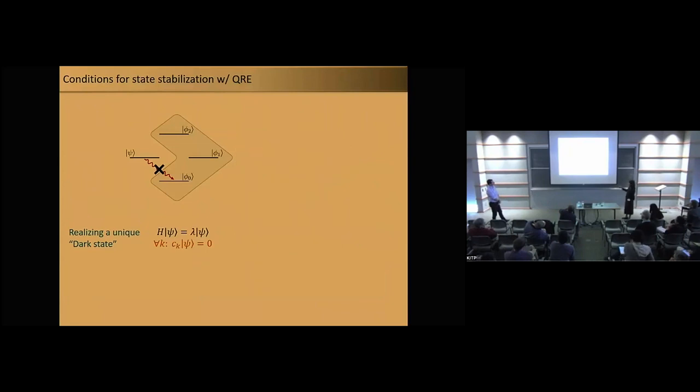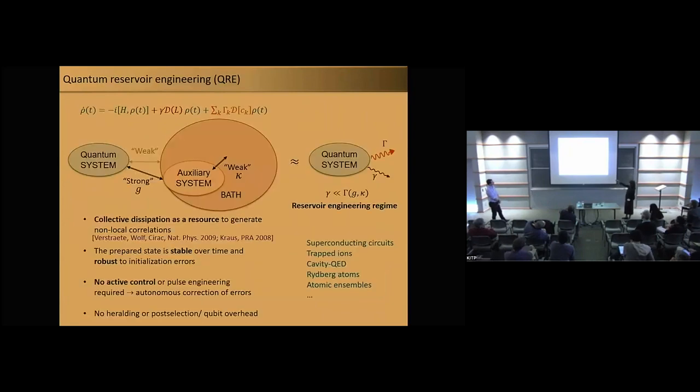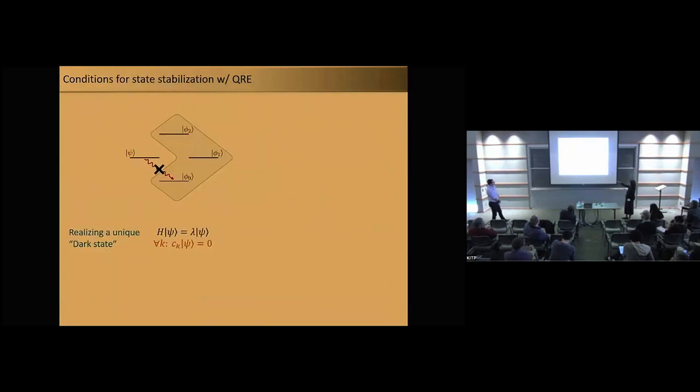This H is basically the system Hamiltonian, or the drive Hamiltonian, and C is the jump operator which you have engineered. If you can have more than one dark state, more than one state which satisfies these conditions, then it can be a trouble if it is accidental. It's the problem of degeneracy in open systems.